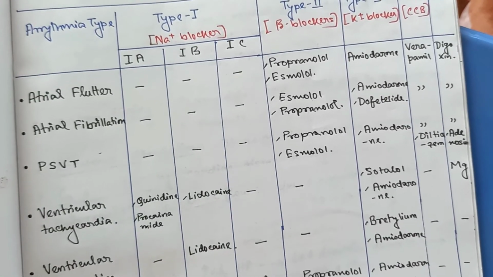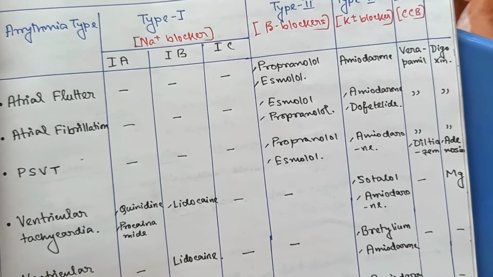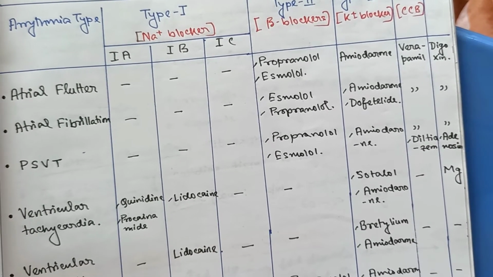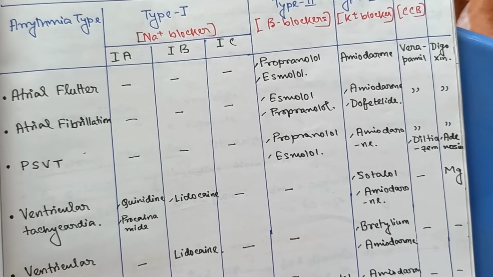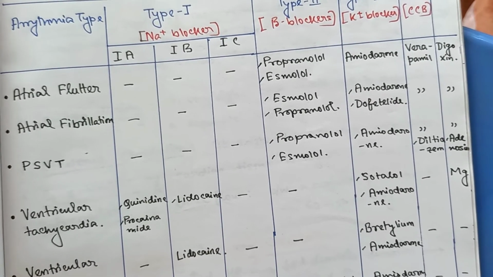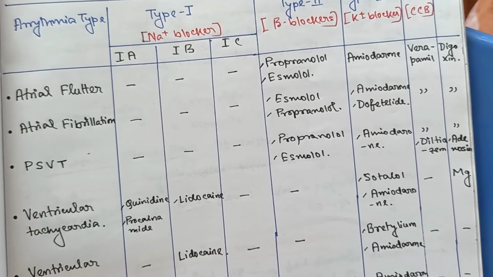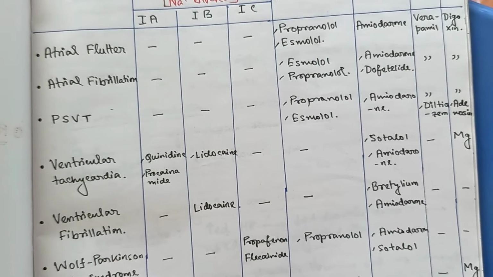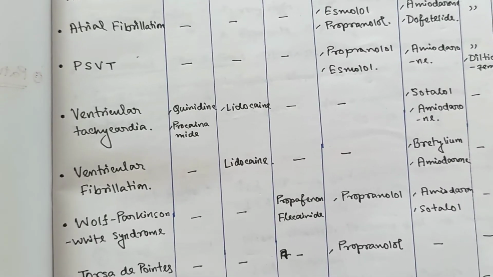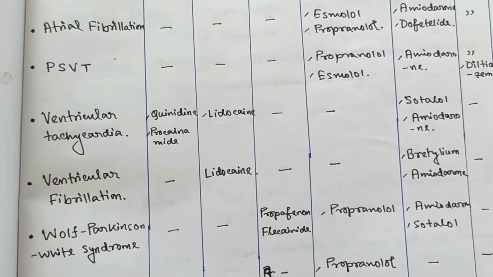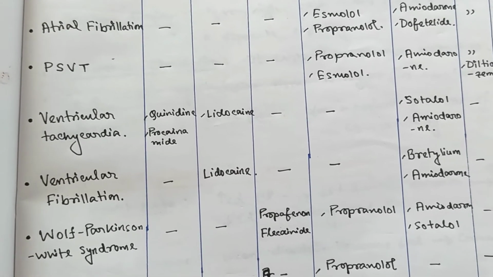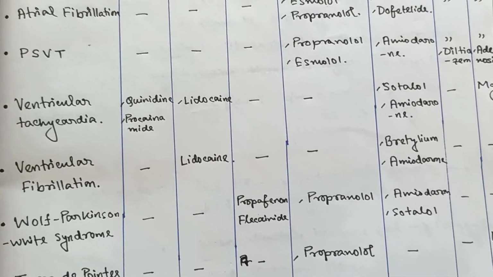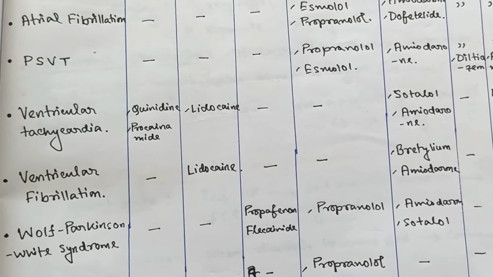For PSVT, type 2 like propranolol, esmolol, type 3 like amiodarone, and type 4 like verapamil, also diltiazem are effective, and sometimes digoxin or adenosine like miscellaneous drugs are prescribed. For ventricular types of arrhythmia, that is ventricular tachycardia and ventricular fibrillation, here 1A or 1B drugs may be effective, but type 2 drugs are not actually prescribed here.